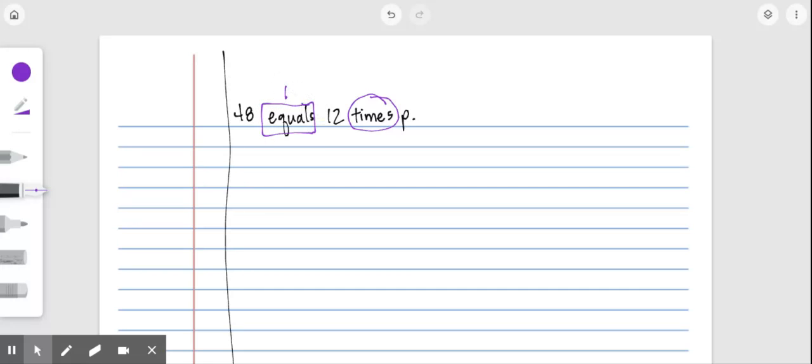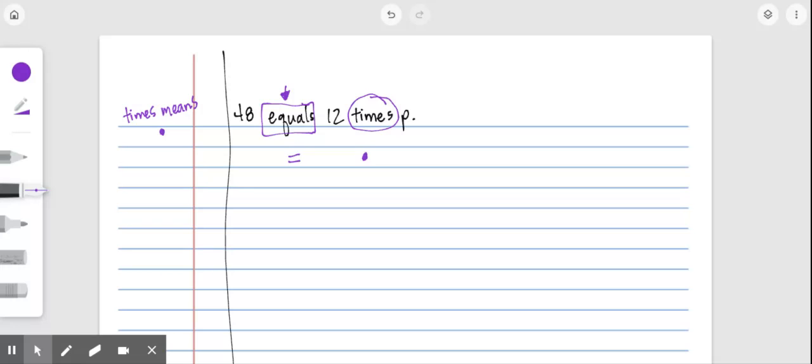This is my equals. So that means I've got an equal sign, okay? So over here on the left, what does times mean? What operation? Times means to multiply. So then I'm going to use multiplication over here. I know I've got an equal sign, so I'm going to put an equal sign underneath it. Okay, and then I'm just going to work left to right.